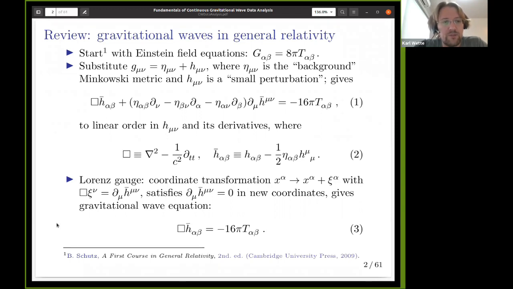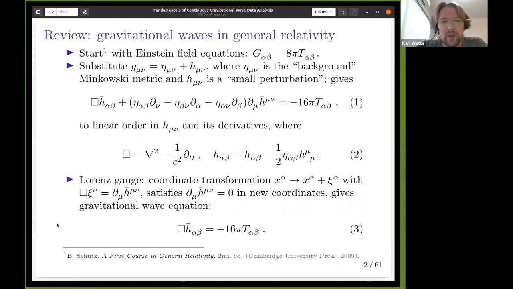You'll note the first term on the left hand side has this box wave operator, which you'll have seen before from studying electromagnetism, for example, and that's applied to this form h bar, which is very closely related to h. It's just written with some slightly different terms. Then there's a bunch of other terms on the left hand side, and on the right hand side we have the stress energy tensor.